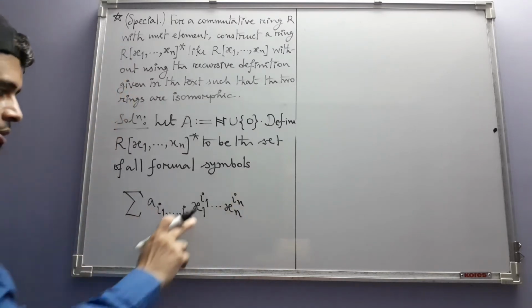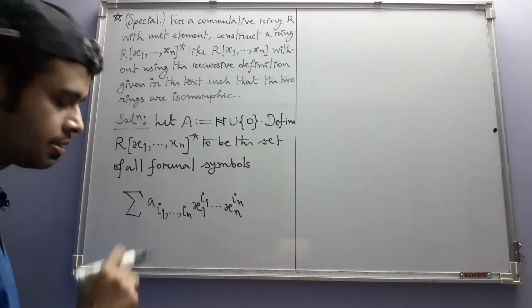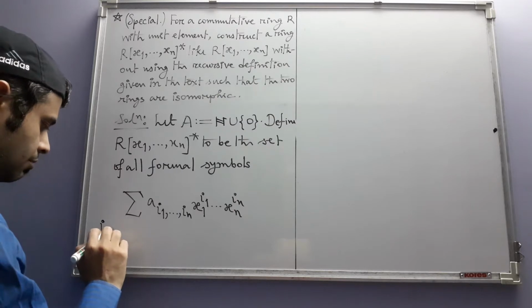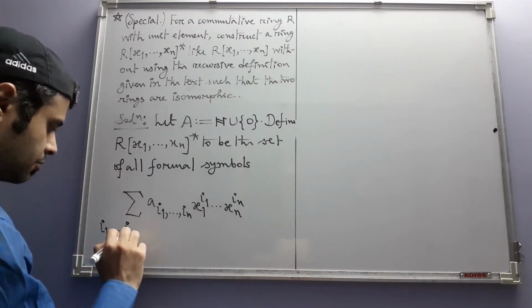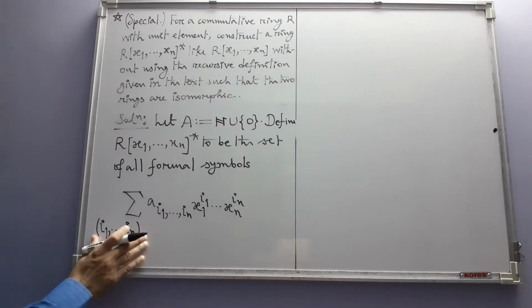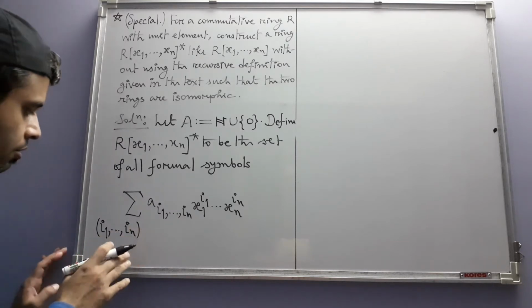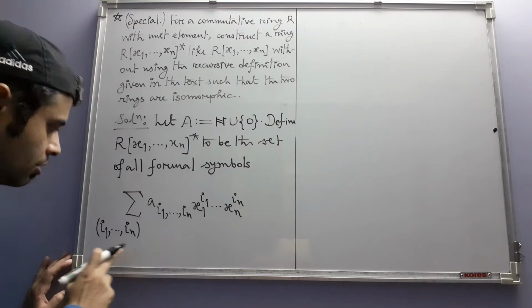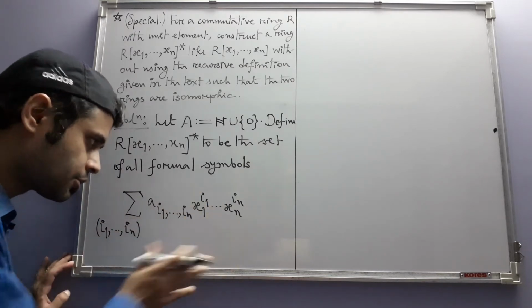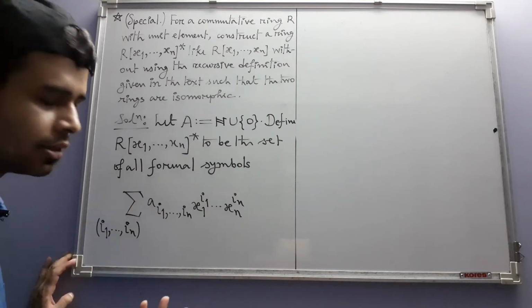And we have to also say what these ij's are. I1, I2, etc. to In, this vector, we are using an ordered n-tuple because order matters. If the order changes, then the corresponding term also is something different.